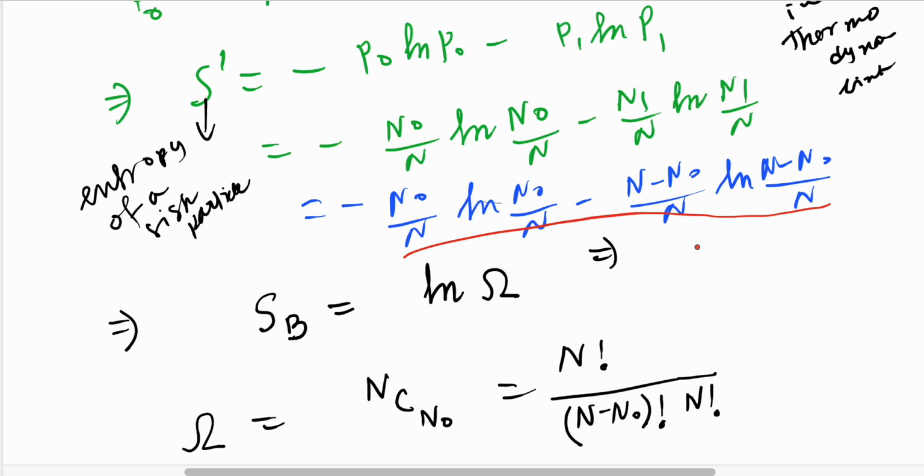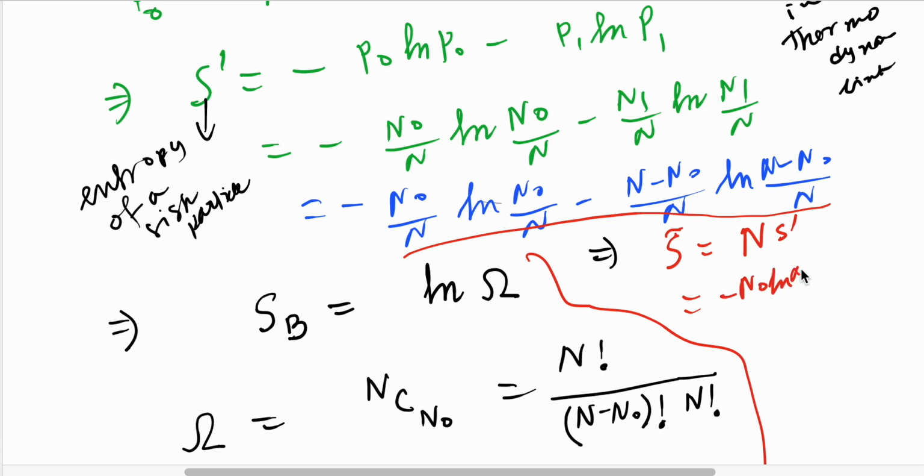If we are in the thermodynamic limit, entropy is additive, so the total Shannon entropy will be n, the total number of particles, times S prime, which equals minus n0 ln (n0 by n) minus (n minus n0) by n ln ((n minus n0) by n).